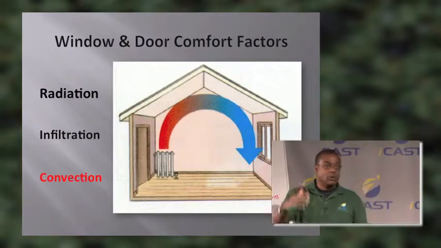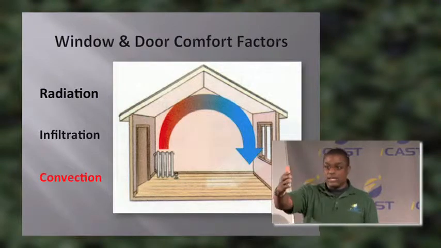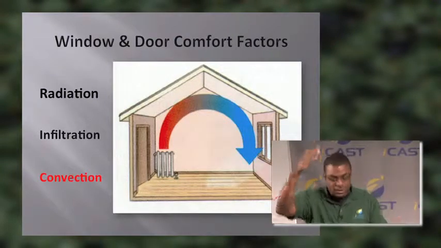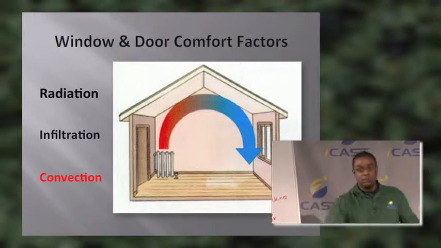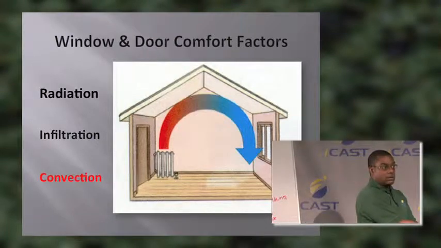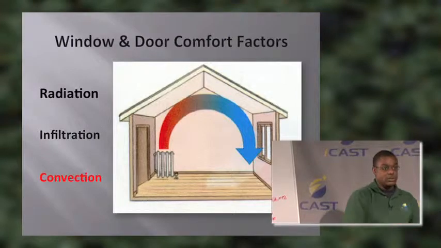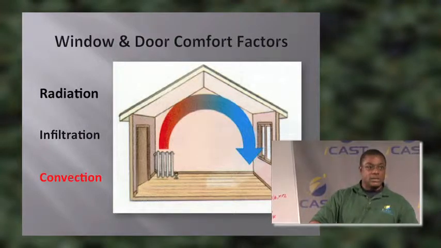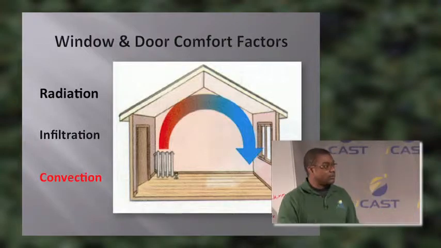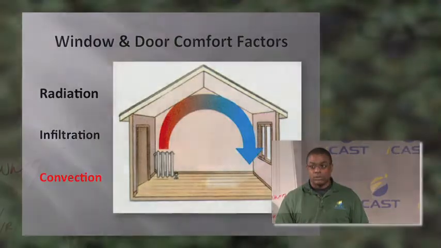Falls. So as that air is giving up its heat to the window, it begins to fall at a faster rate. It's hitting that windowsill and blowing out across the homeowner, right? Usually they've got that couch. So pay attention as building analysts of where the homeowner has their furniture.